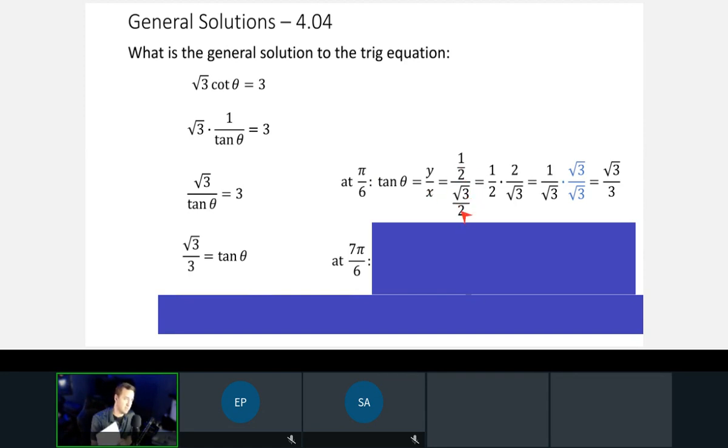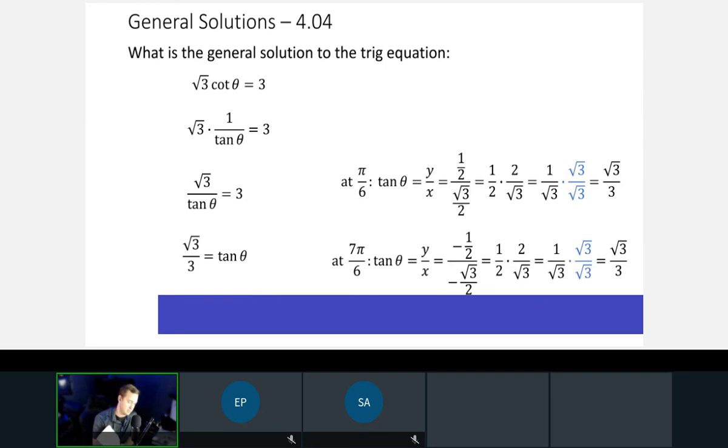And I just show the math of simplifying to show, yeah, look, I get rad 3 over 3, which is what we wanted, right? It's just verifying the work. And then same thing for 7 pi over 6. It's the same thing, but now it's a negative divided by negative, which we all know is positive, and that's why we get the same answer.